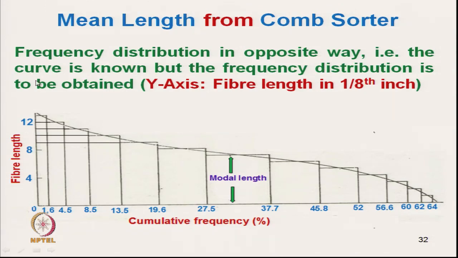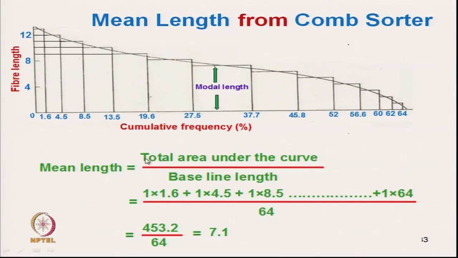Now, try to see here how to get this distribution. This is the fiber length, up to say 12, the 12/8 of an inch. Now, from there we get the histogram. How to get the histogram? From this point, where it is intersecting, that point is at the midpoint. Now, let us see again.